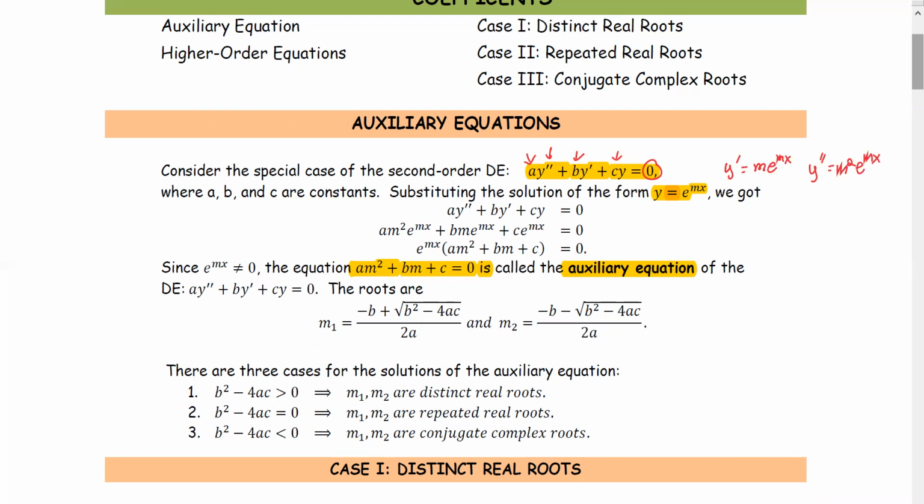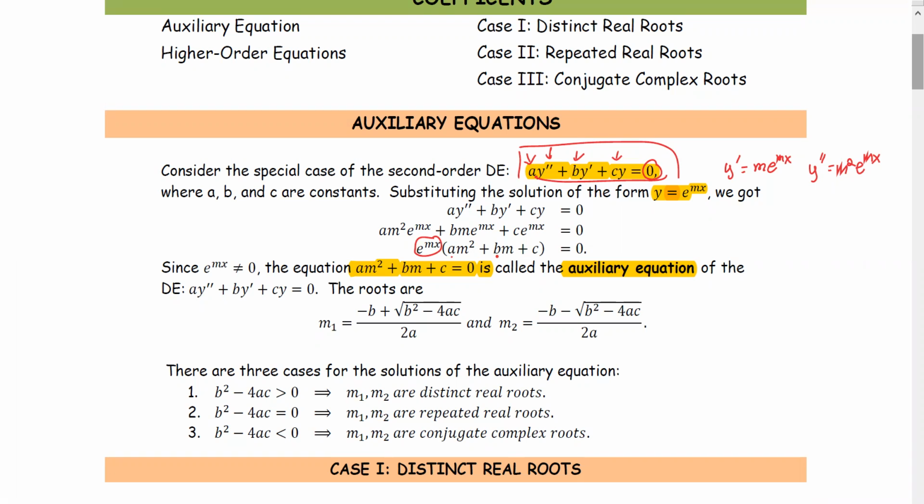Substituting y prime and y double prime into the second order differential equation, as we see, there is a common factor e to the power mx multiplied by am squared plus bm plus c, where a is the coefficient of the second order, b is the coefficient of the first order, and c is the coefficient of the y.